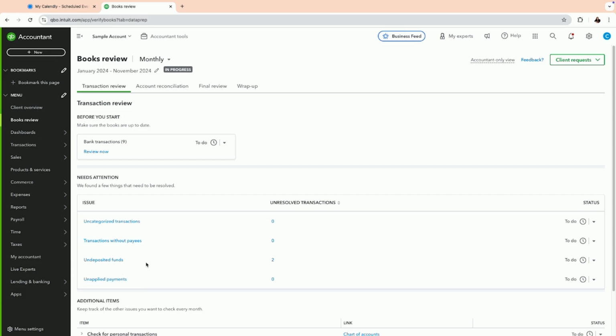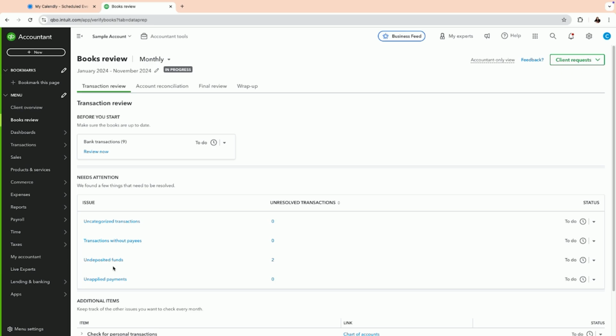Please remember that undeposited funds will duplicate your income if you leave it out there and then categorize them as sales on the bank feed, because undeposited funds basically are sales that have not been deposited.